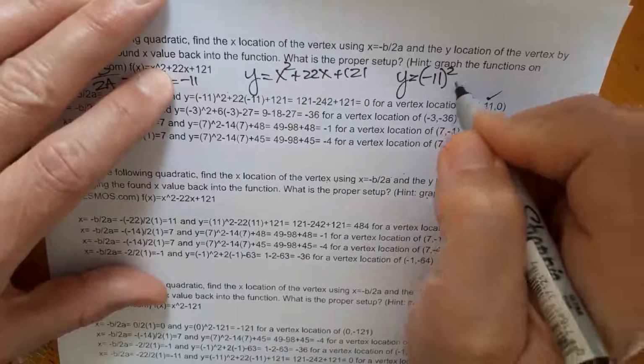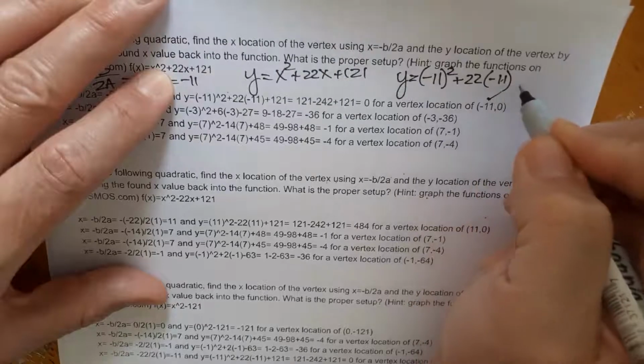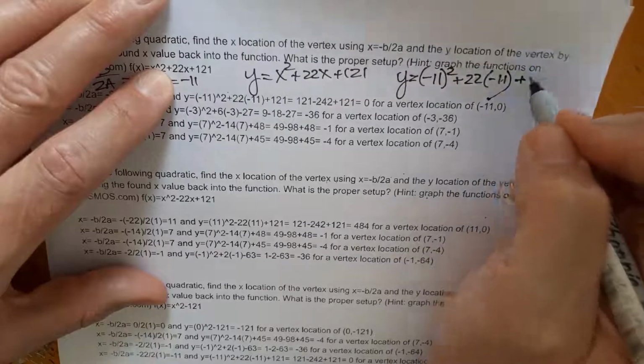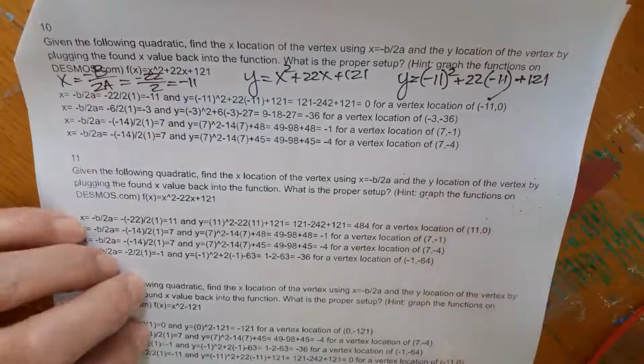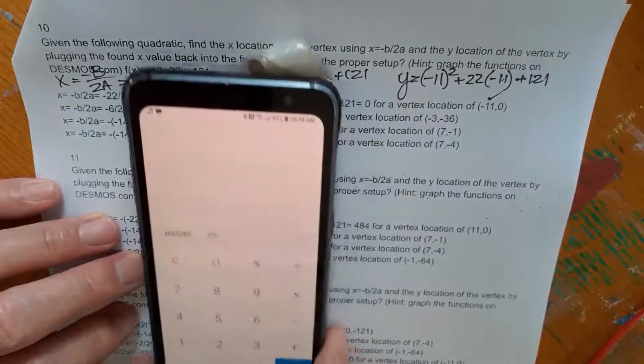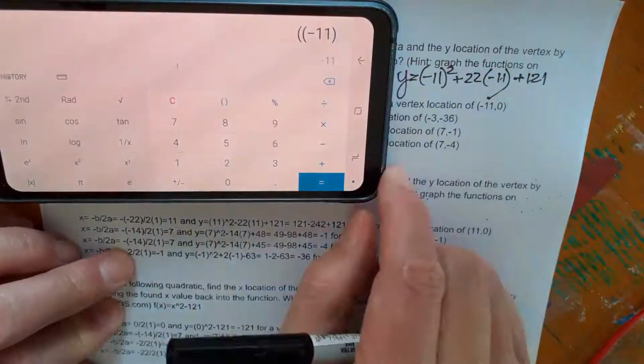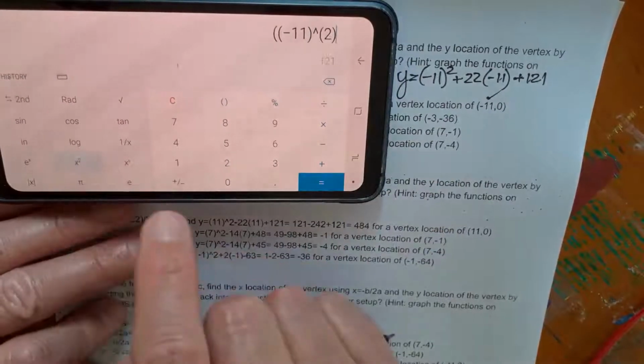squared plus 22 times negative 11 plus 121. And remember, as long as I write this correctly with parentheses, maybe I even get so lazy that I go parentheses negative 11 parentheses, oh, I need to turn my calculator sideways because I want to square it, right?